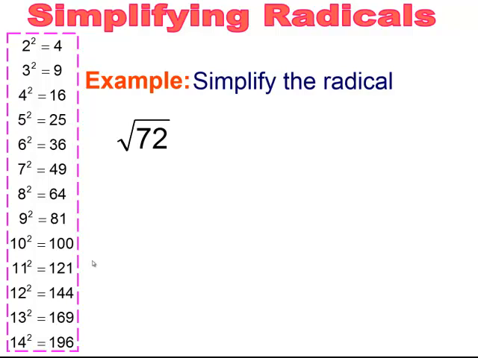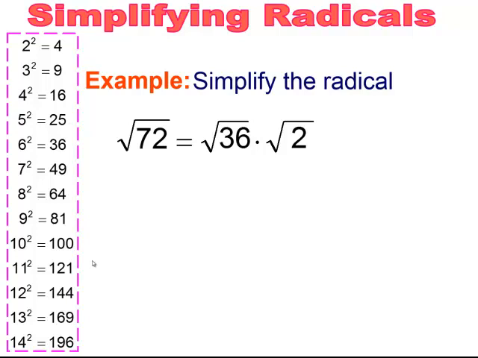36 divides into 72, so I can break it out into those factors where I have 36, which is my perfect square factor, and the factor 2, which is my leftover. All I did here was take 72 and break it out into factors: 36 times 2 equals 72.